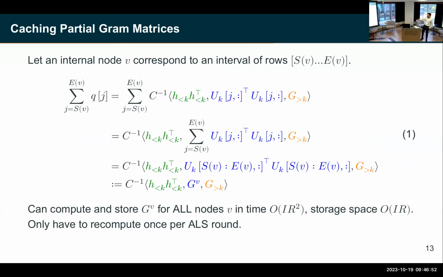I'm going to call this inner term a partial Gram matrix, denoted G(B). The trick is that we can compute and store G(B) for each node B in my binary tree in time O(IR^2) and storage space O(IR). Remember that I truncated that binary tree. And I only have to recompute the cached quantities once per ALS round, so this is not asymptotically adding to the cost of alternating least squares.